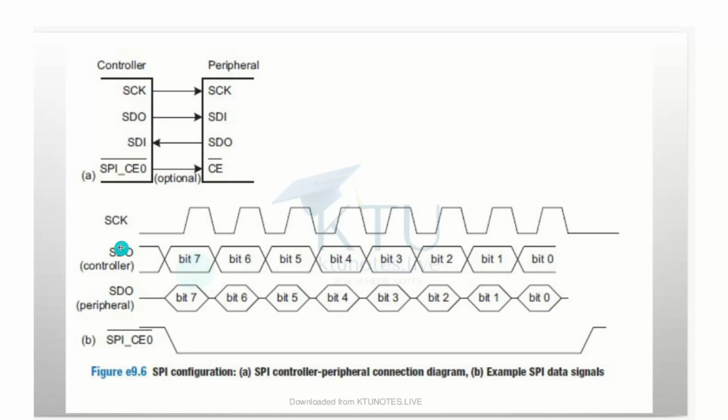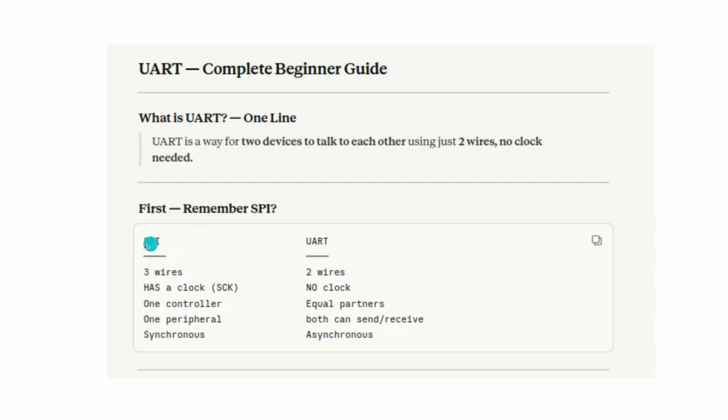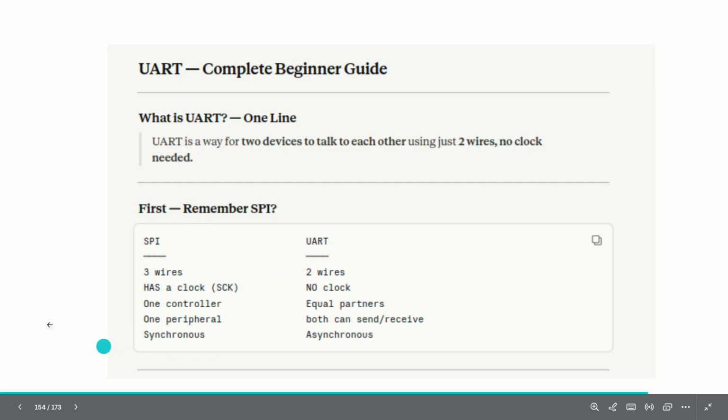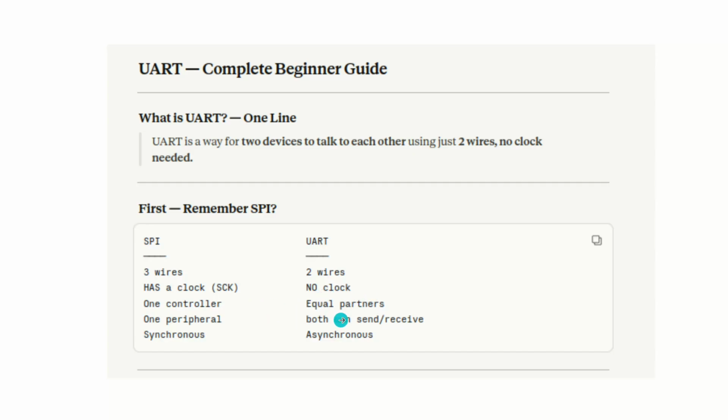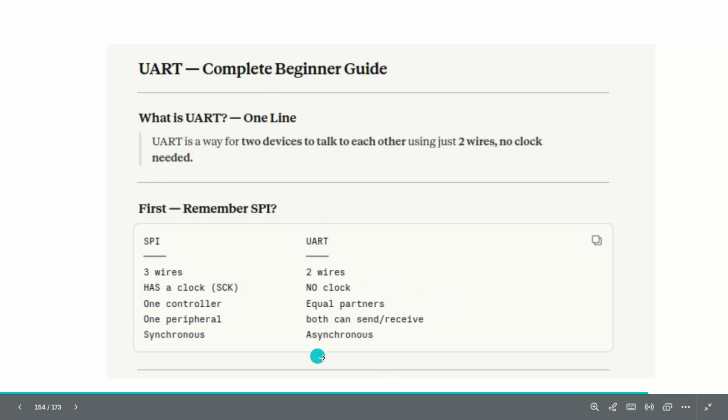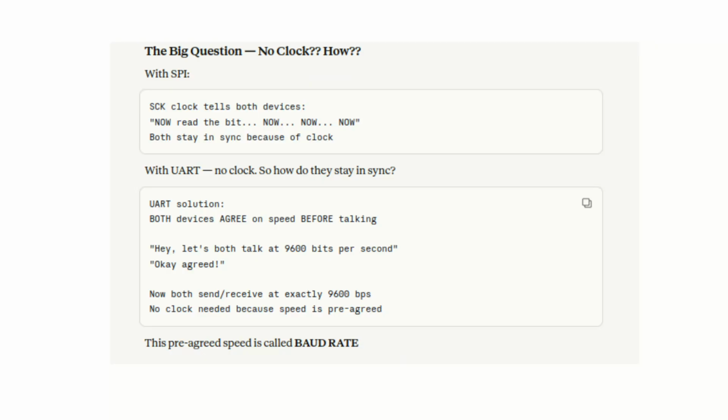Here in SPI we have said that there are three wires, there is a clock, one controller, that is the microcontroller unit, and one peripheral, then it is synchronous. This is what we have discussed in SPI. In UART there are two wires, there is no clock. There are two devices actually, both can send and receive, and these are asynchronous. It is not synchronous because there is no clock.